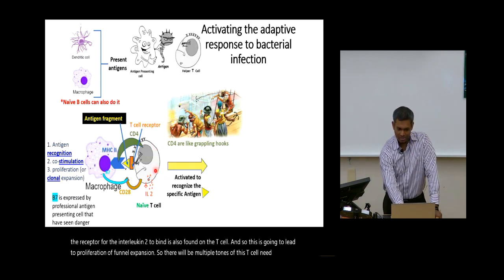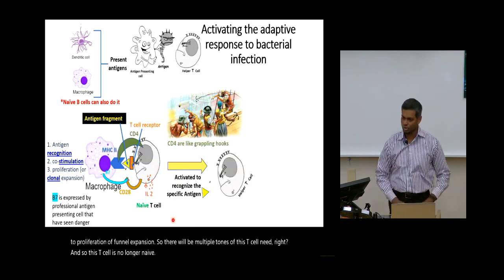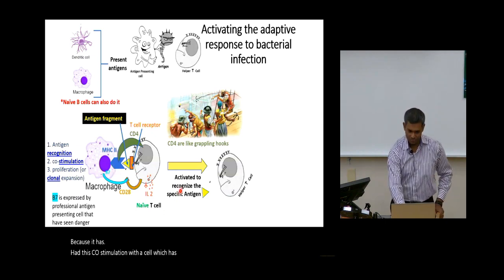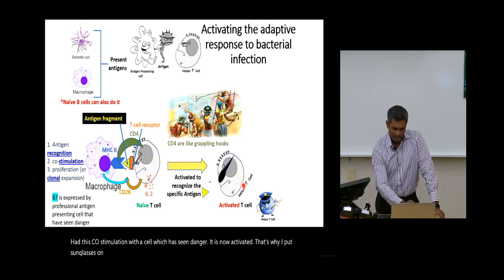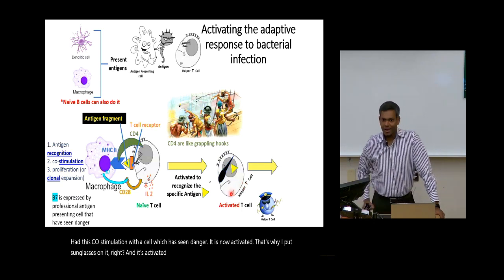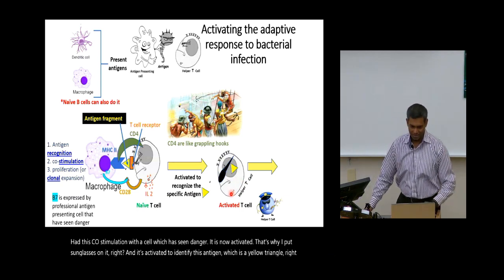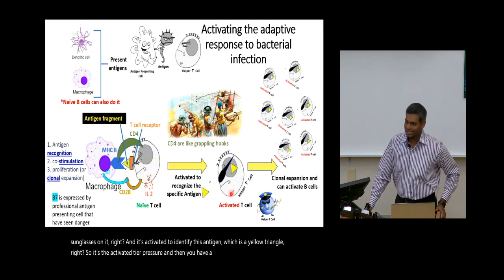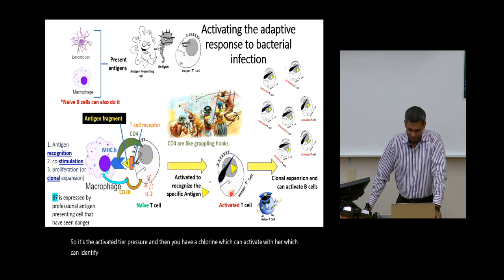And so this T cell is no longer naive, because it has had this co-stimulation with a cell which has seen danger. It is now activated. That's why I put sunglasses on it, right? And it's activated to identify this antigen, which is a yellow triangle, right? And so it's the activated T helper cell, and then you have a whole clone army which can identify this antigen.